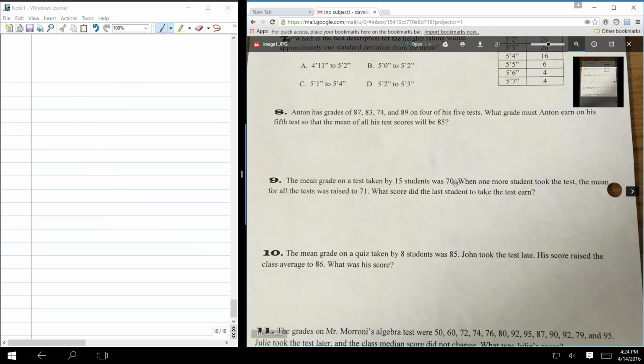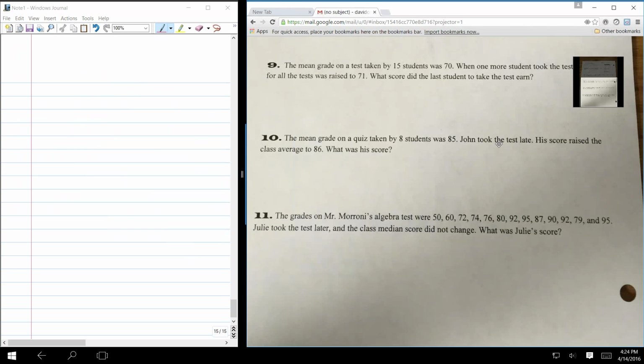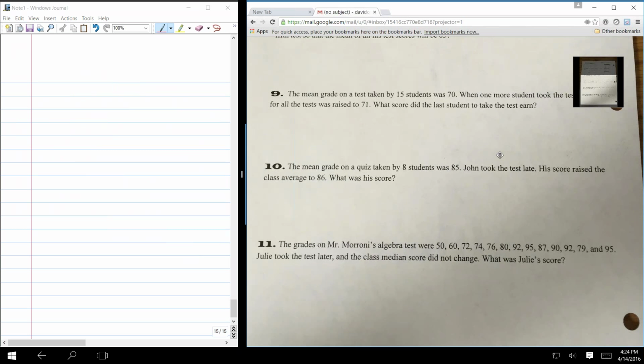All right, number 9. The mean grade on a test taken by 15 students was 70. What's the totals of all their 15 grades?